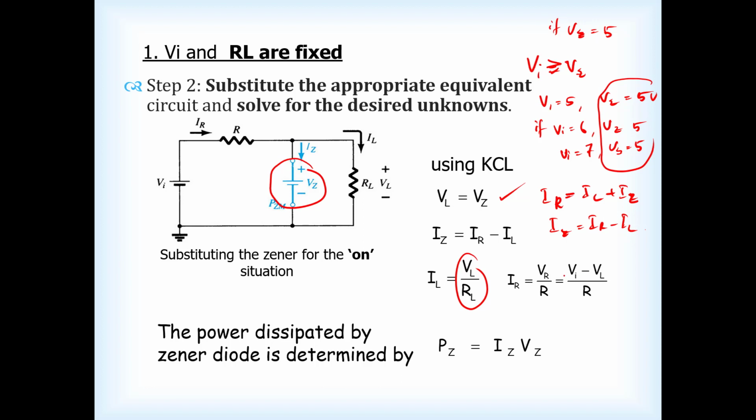What is IR? IR is VR over R, where VR is V in minus VL, or V in minus Vz, since Vz equals VL, remember that. So V in minus Vz over R gives you IR. With IR and IL you can solve for the values. Power dissipated Pz equals Iz times Vz.